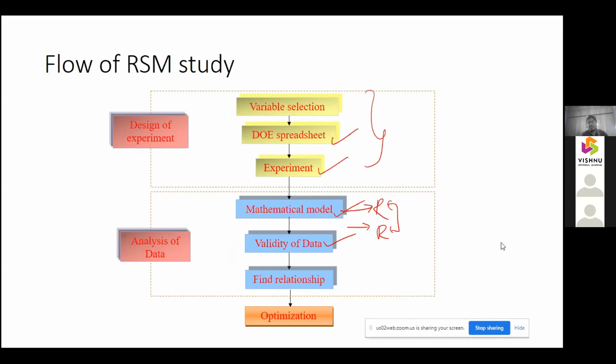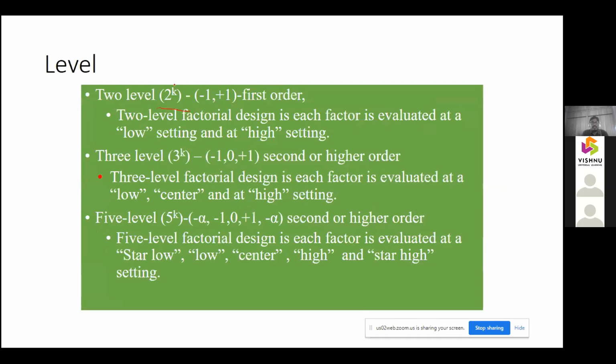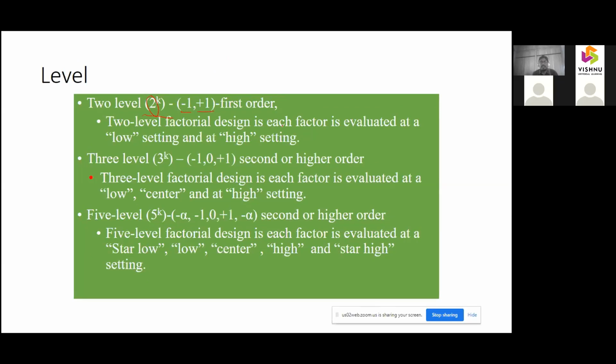Okay. Now let us go to the next. I wanted to brief you on the types of levels. When it is 2 to the power of k levels, that is a two-level factorial design. In a two-level factorial design, we have only low and high.